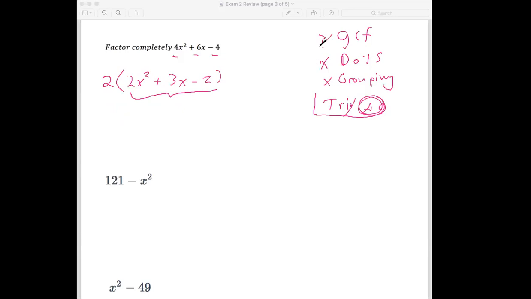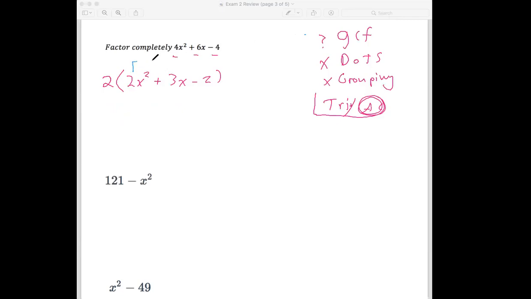Well, now it's not GCF. We've ruled that out. We factored out the GCF. Now it is AC.